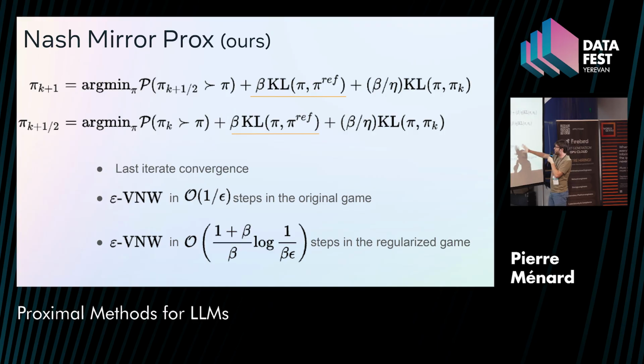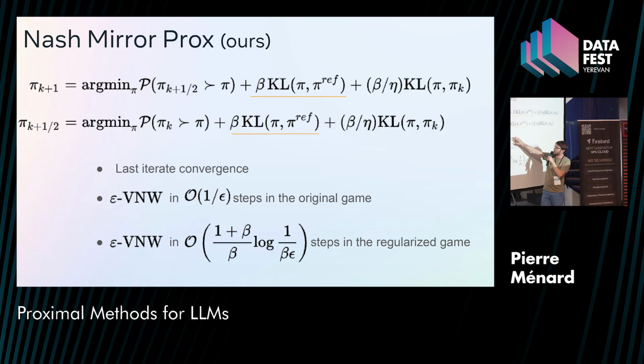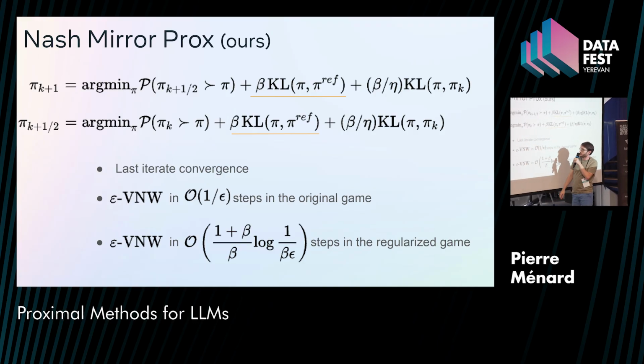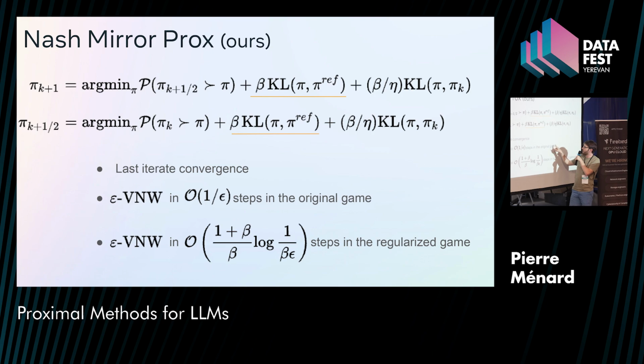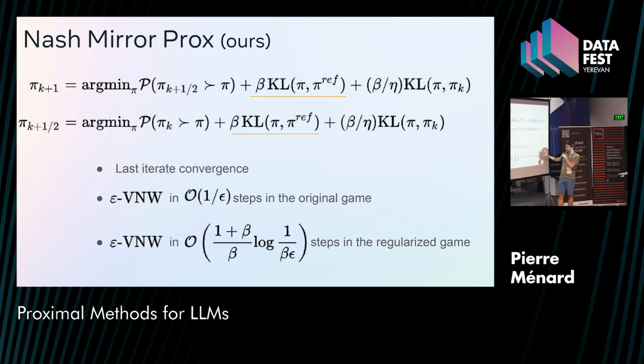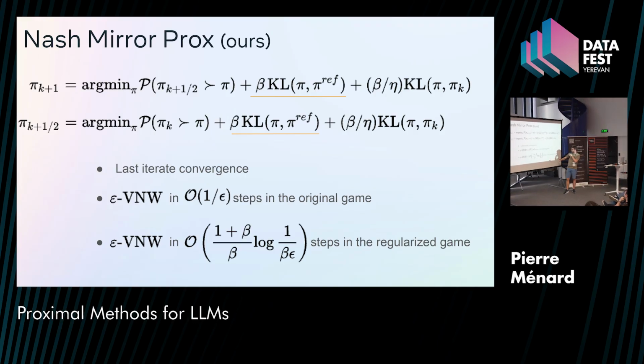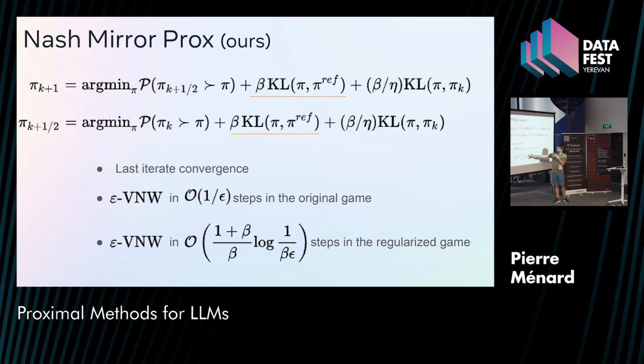What is nice is that we keep all the same properties of the Mirror Prox algorithm, meaning that we have last iterate convergence, so it's this sequence that converges to the Von Neumann winner. We have properties in the original game also, if you tune beta well here. And a very interesting point is that in the regularized game, you have much faster convergence: you move from polynomial to logarithmic. So it should be much faster.